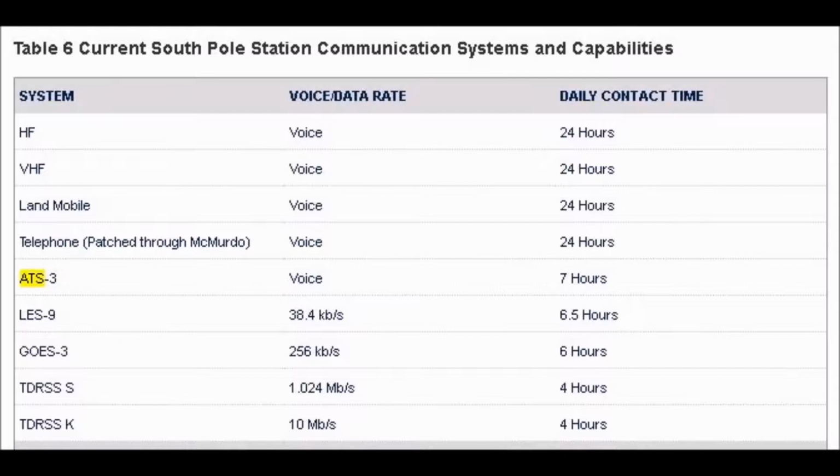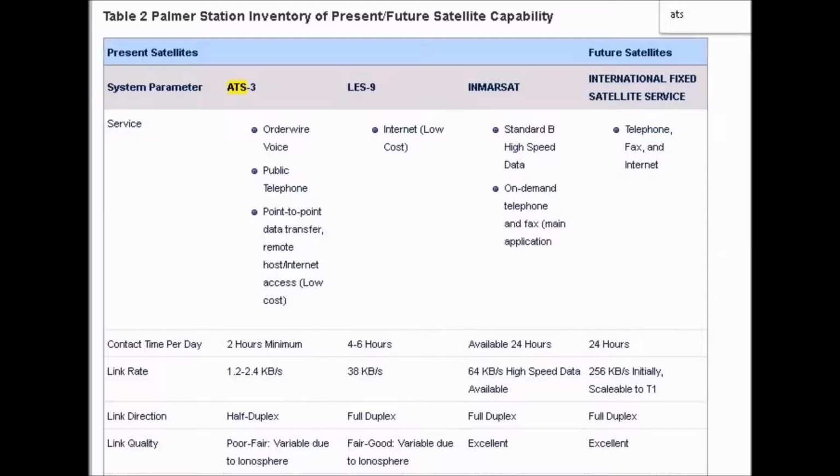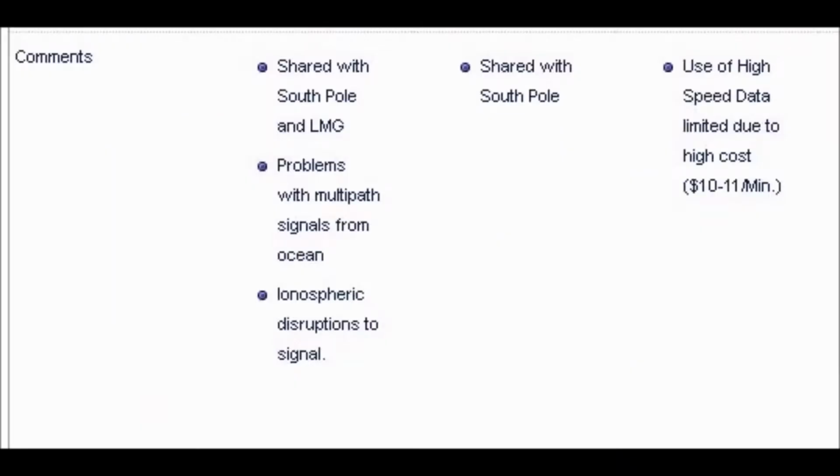Yeah, that is just insane. I don't even know what to say about that. It's just ridiculous. So, you can see right here, they say they get 2 hours minimum per day contact with this satellite. Link quality, poor to fair, variable due to the ionosphere. Let's look at the comments.